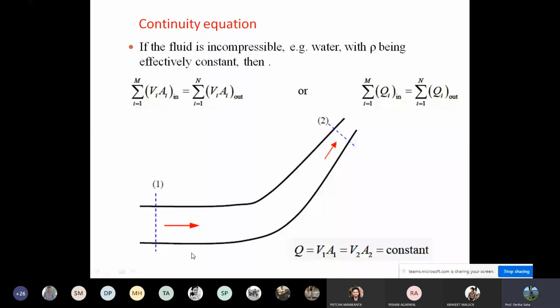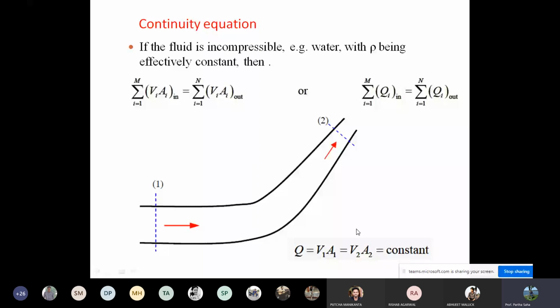As you can see, the fluid flowing through here is the inlet and 2 is the outlet. Though the control volume has different cross-sectional areas, bending and other things, since we are considering conservation of mass, or the invariant condition of the volumetric flow rate, this equation applies. V_i A_i is nothing but Q_i. If we just consider two cases here, Q is equal to V1A1 equal to V2A2, which is constant.